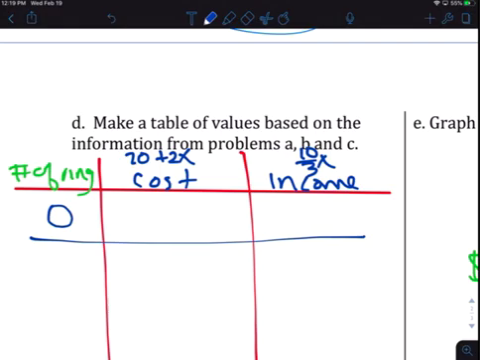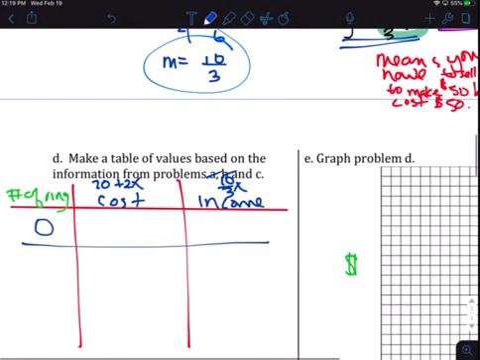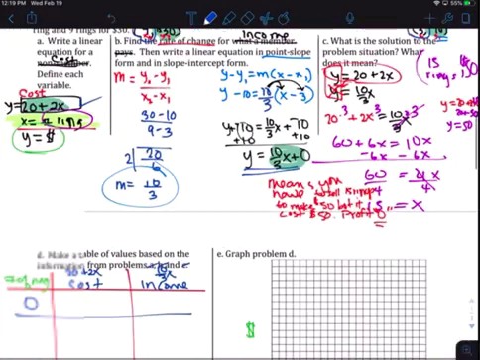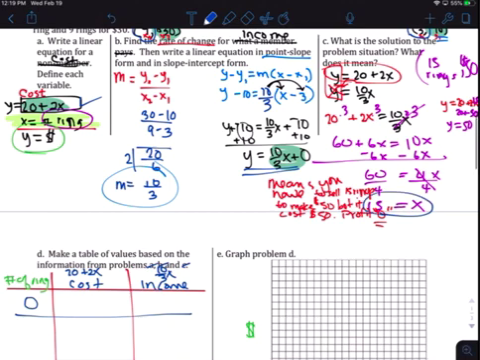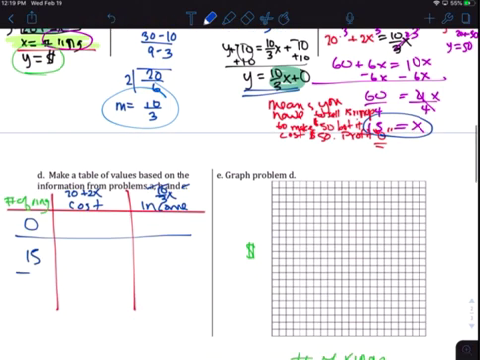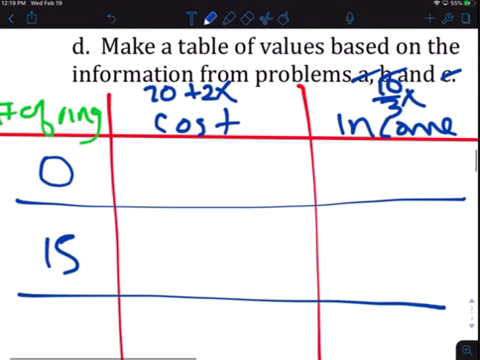Okay? The first ordered pair you always use is 0. The next, we use A, B, C. C says to use this number, 15. So 0 and then 15 here. At $0, it's going to cost you 20 plus 2 times 0.